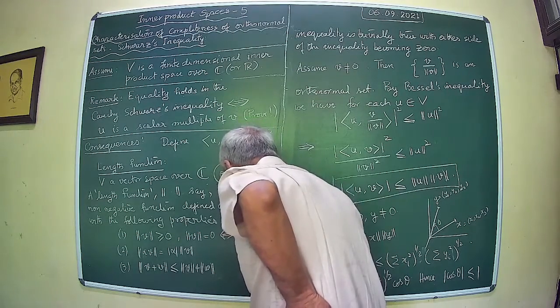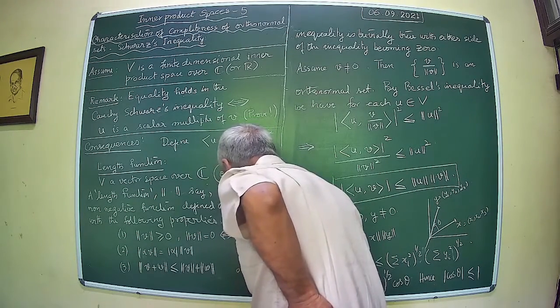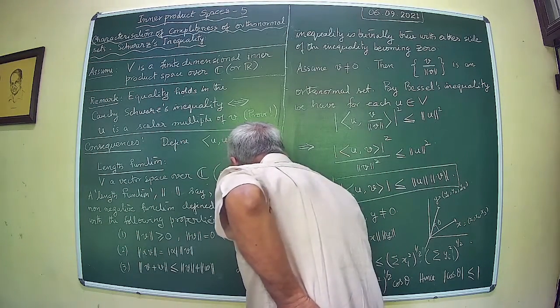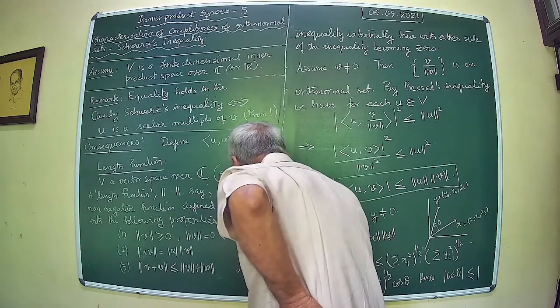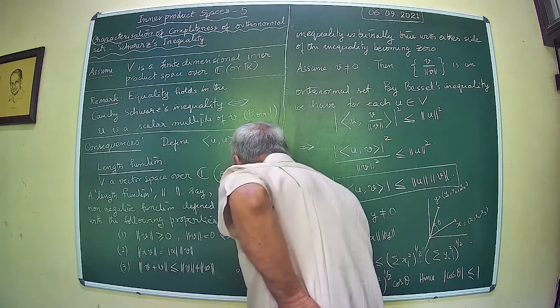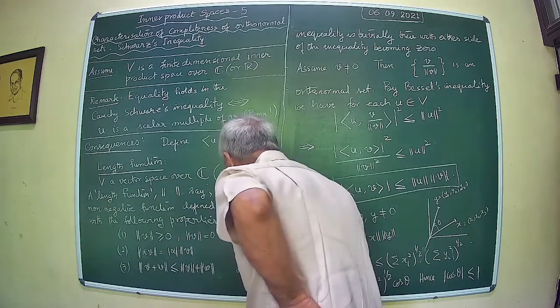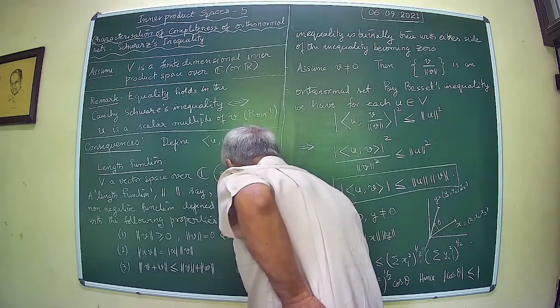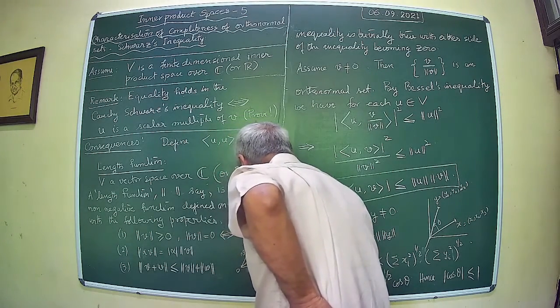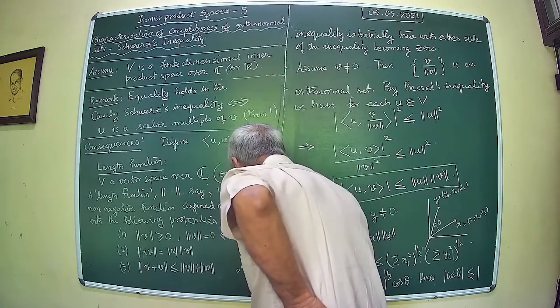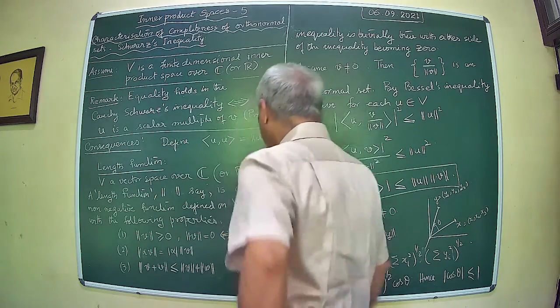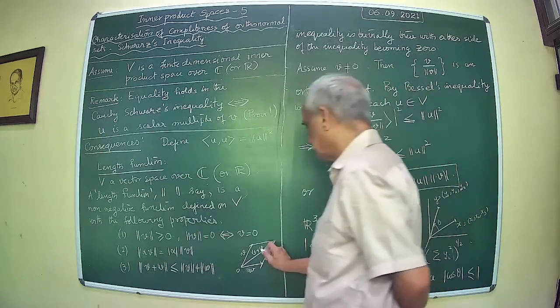See, you have U, V, you use the parallelogram law, and this is V, W, this is V plus W. V plus W is this vector.